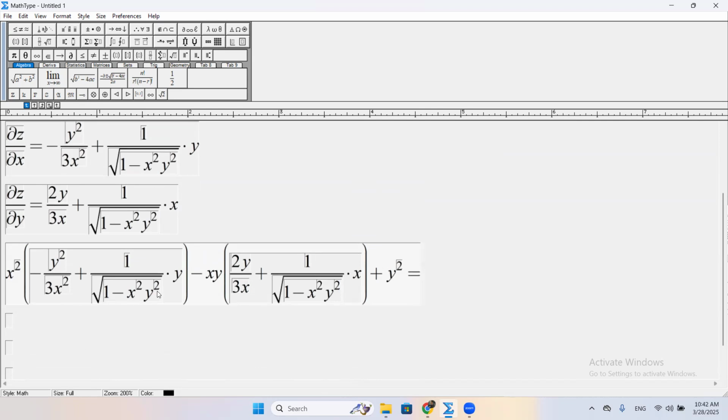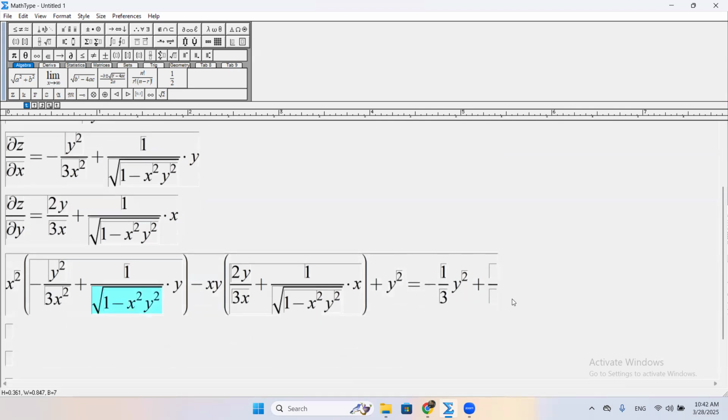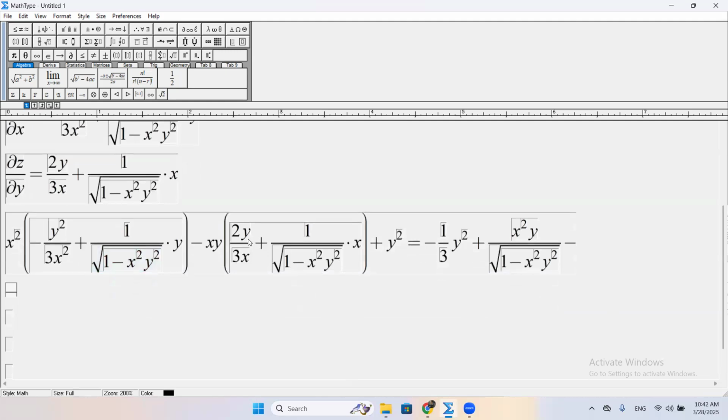Expanding first brackets, minus 1 over 3 y squared plus x squared y over the square root. So done with these brackets.